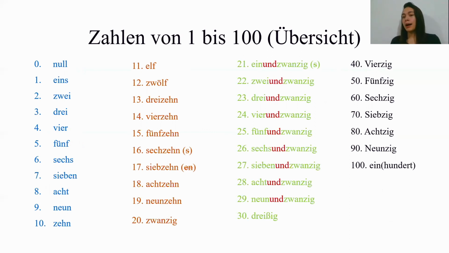I would recommend to take a picture of it, or just use it as an overview if you forget. So my hint, as I said, try to learn the numbers from 1 to 20 and how to count by tens. Then you will be able to count in German. And it doesn't matter what number it is.